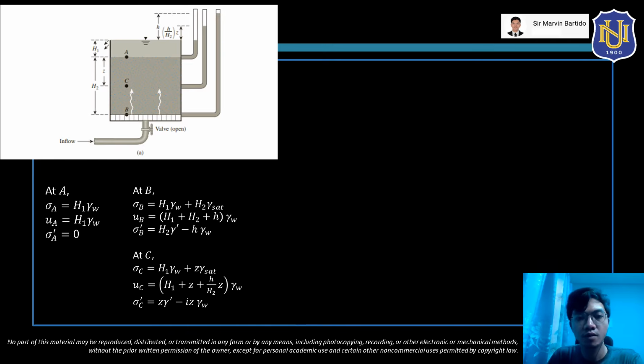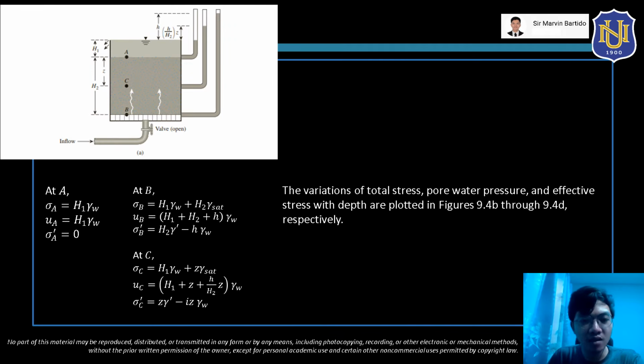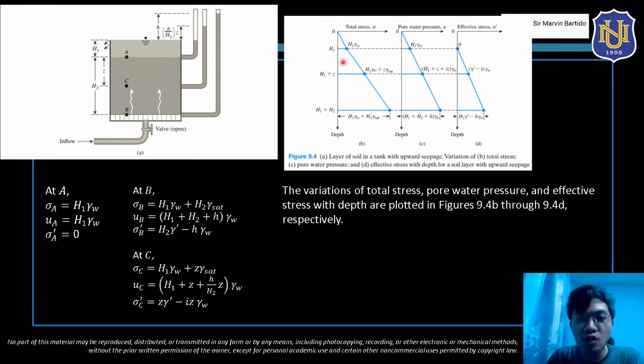Alright, if we are going to plot the computed stresses at points A, B, and C, this is what it will look like. For the total stress, at this point it is 0. At point A, the depth is H sub 1, so the total stress is H1 gamma water.